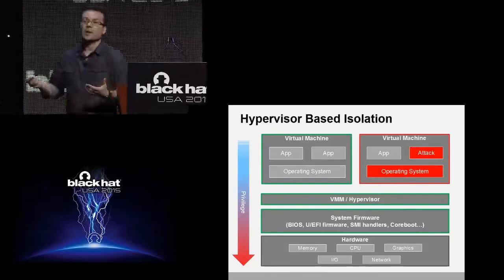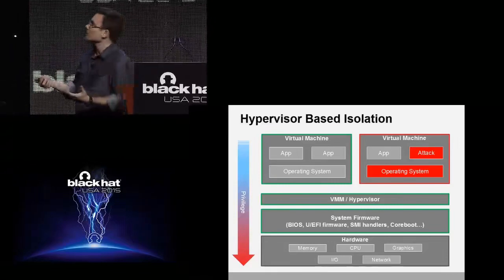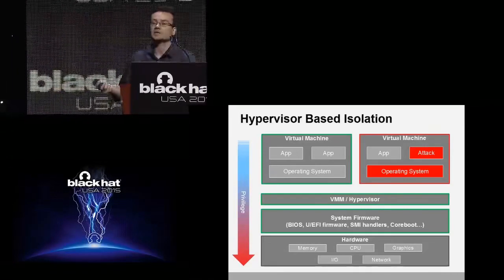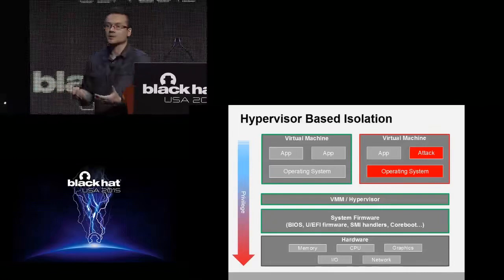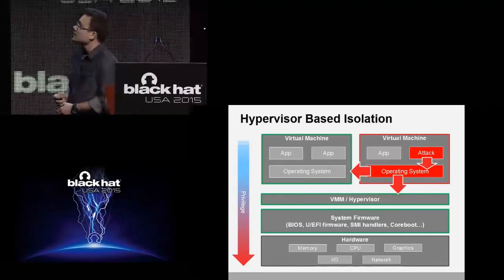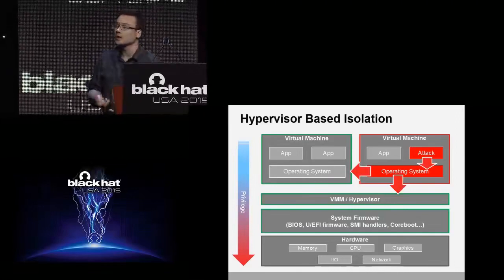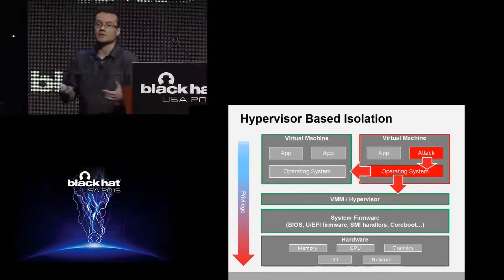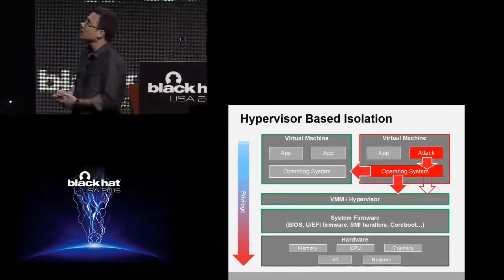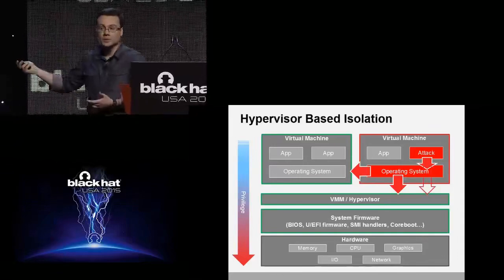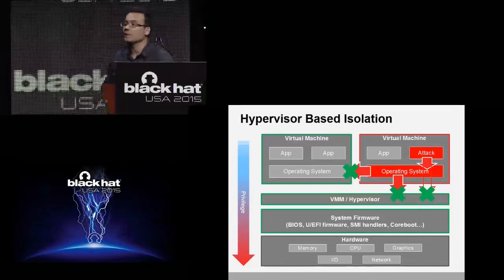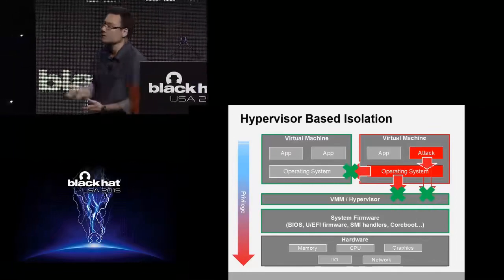Generically, if you have an attack in one guest OS, and the attack might propagate and infect the entire guest OS, including the operating system itself, then the hypervisor intends to block the propagation of the attack to other virtual machines, as well as block attempts to attack the hypervisor itself, whether directly from user mode applications or from the operating system. So those are blocked attacks from malicious software.